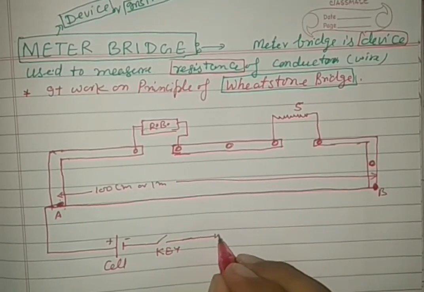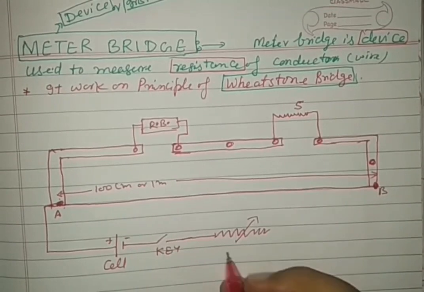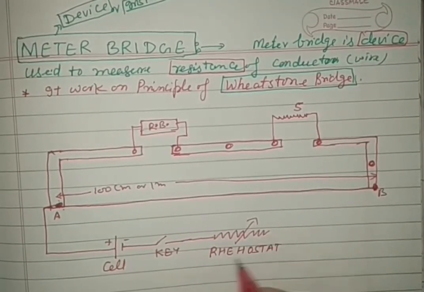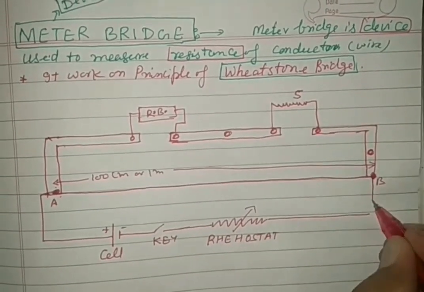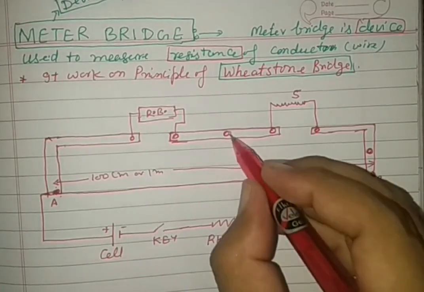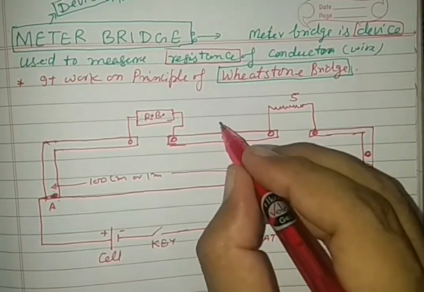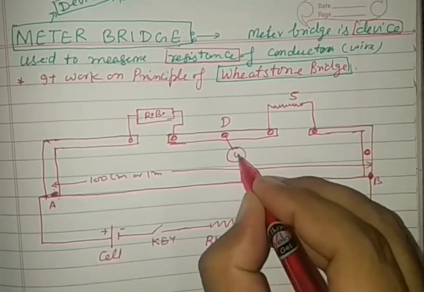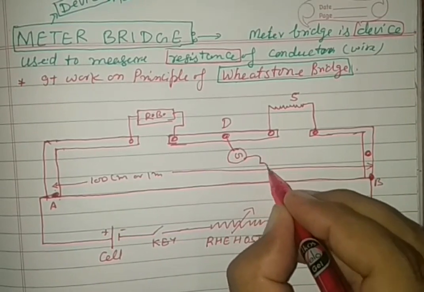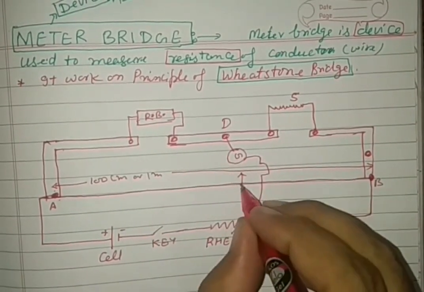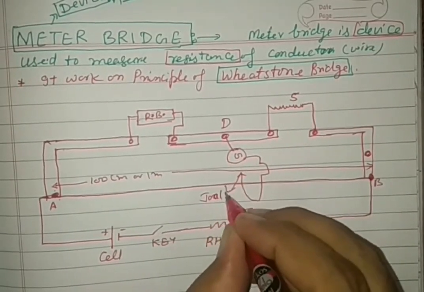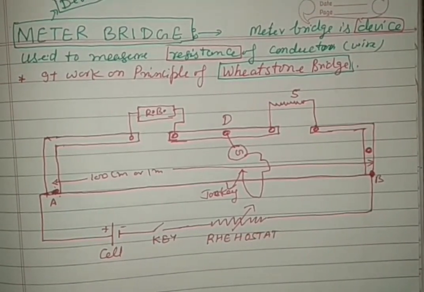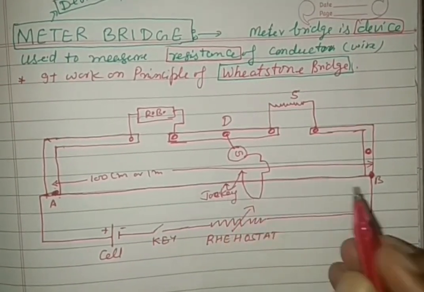Thereafter it is connected with the rheostat, then it goes here to point B. Now see, from this terminal, denoted as point D here, it is connected with a connecting wire to the galvanometer. The other end of this galvanometer is connected here to the jockey. This is the circuit diagram, right?